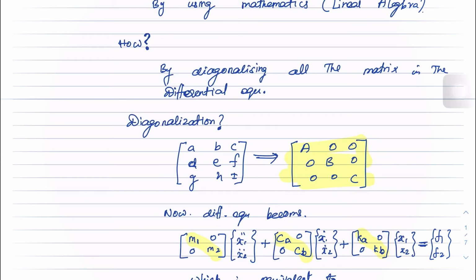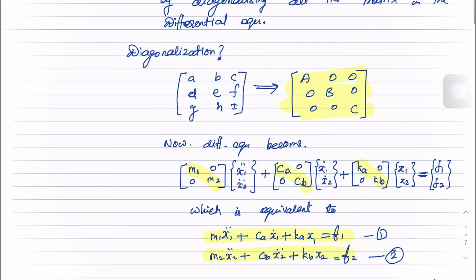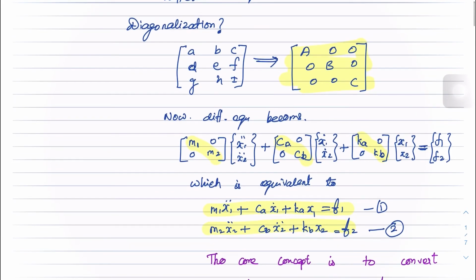Once it is diagonalized, the differential equation will be in this form where only diagonal elements are non-zero. Then equation 1 will contain only x1, whereas equation 2 contains only x2 coordinates. This is the beauty of diagonalization.